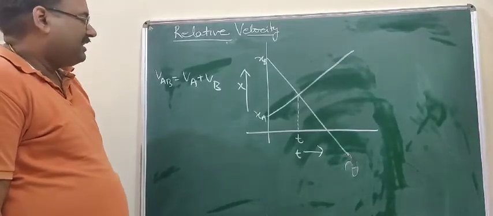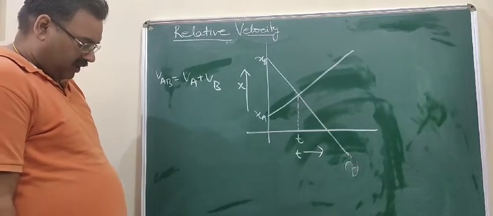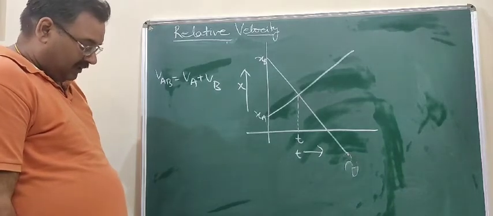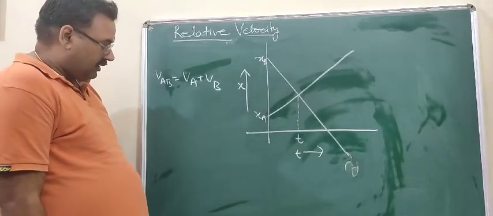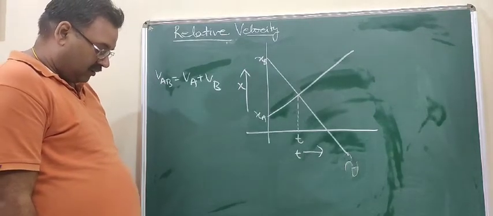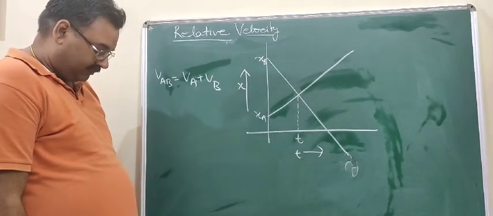Then we have the next case. If the two objects are moving in opposite directions, then v_A and v_B are on the opposite side. Like when two trains cross each other, they move in the opposite direction.